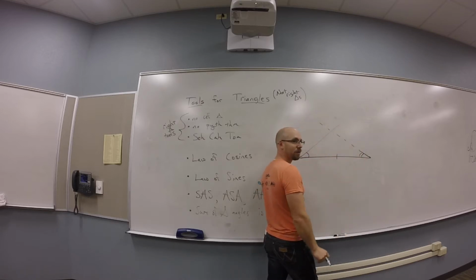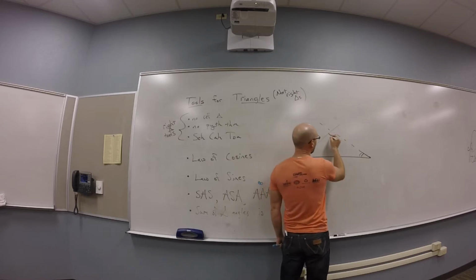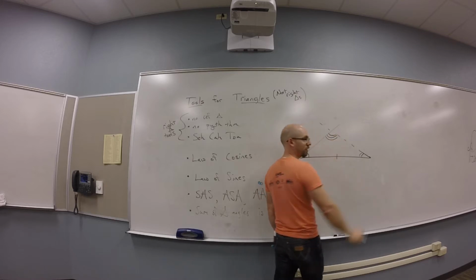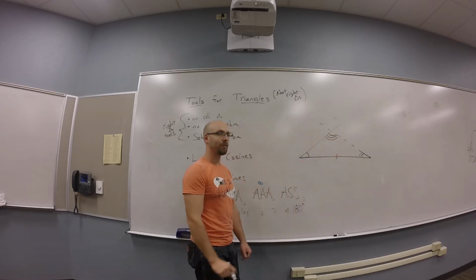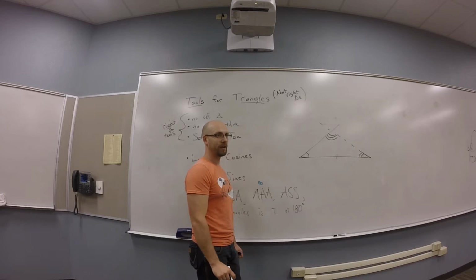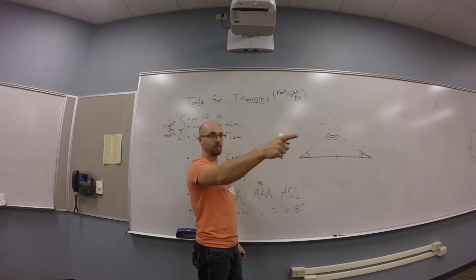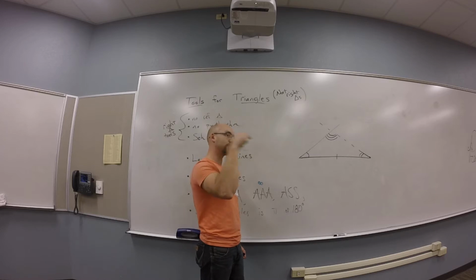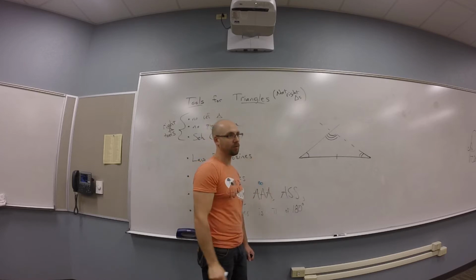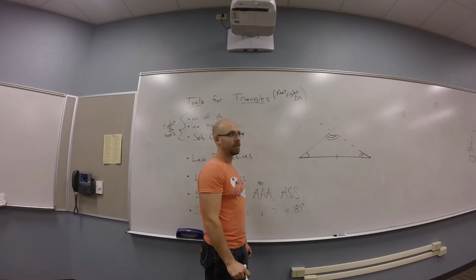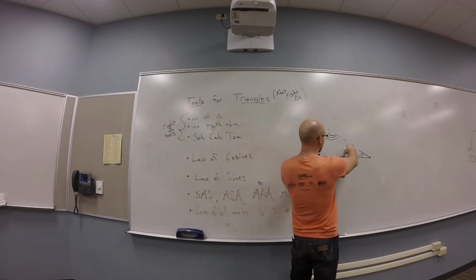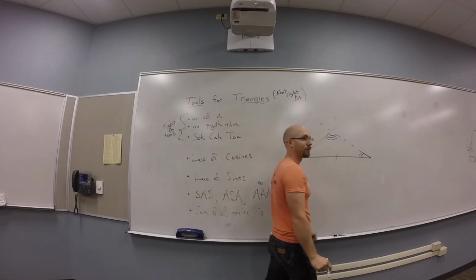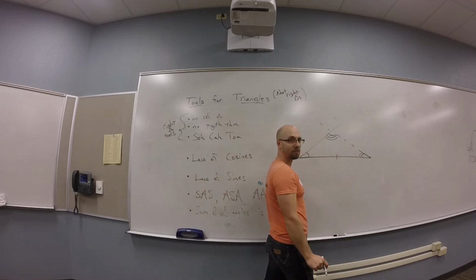It would be very specific. How am I going to get that third angle? I already have two, so I take 180, subtract the two I know, and that gets me the third one. And then these two sides seem like they have to be uniquely determined. There's no other option there.